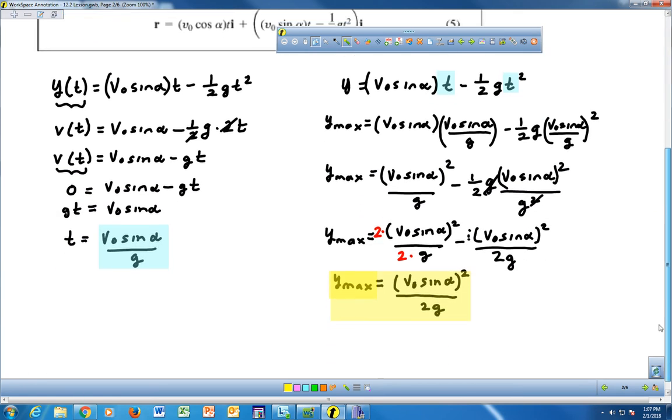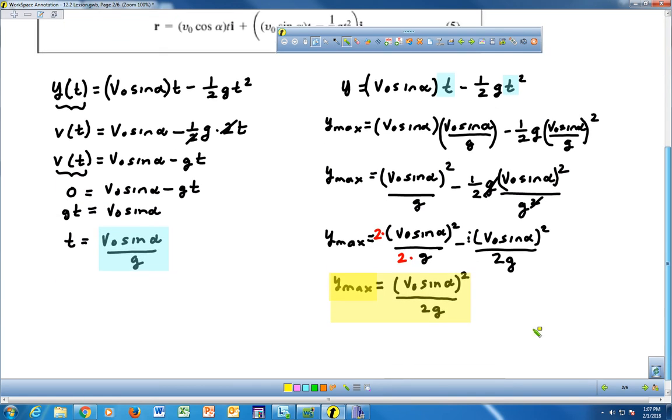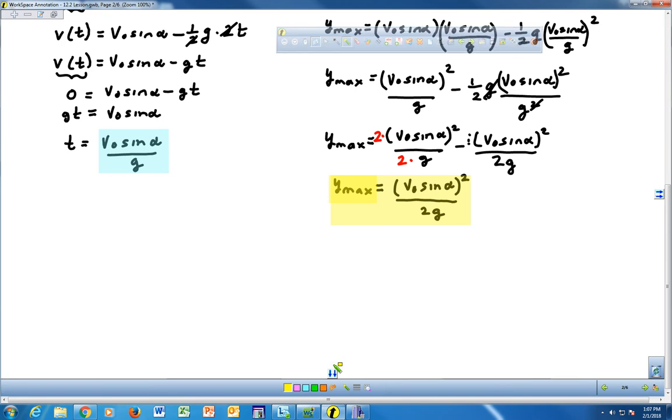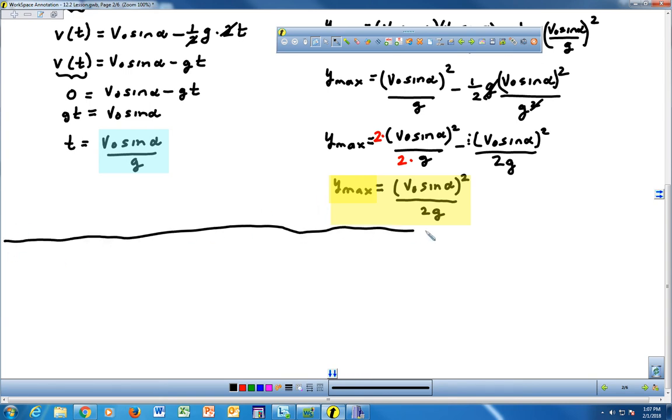Now, from this we can derive another formula, and that other formula is that we can find the flight time. What does it mean by the flight time? How long is it going to take for the projectile to strike the ground?